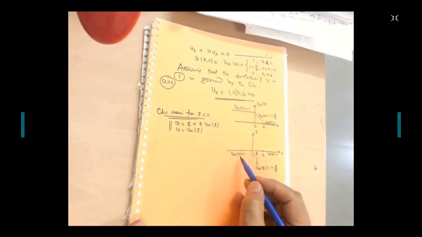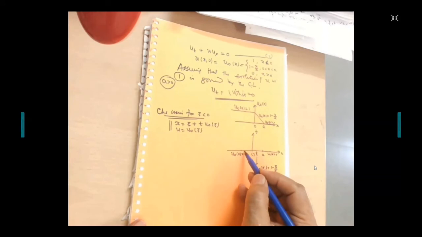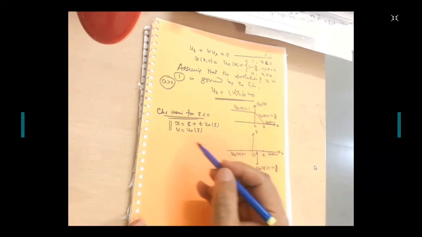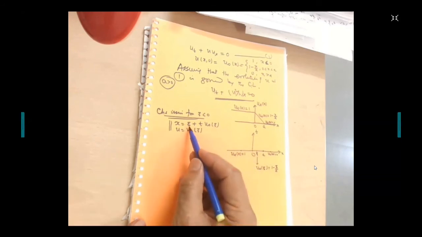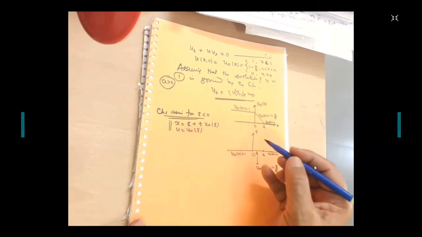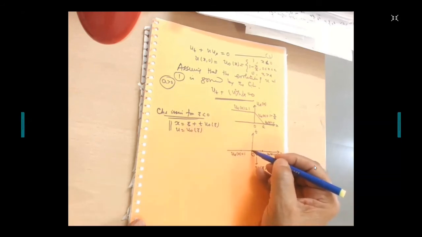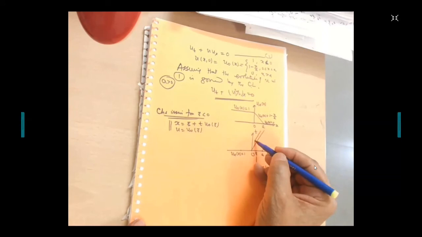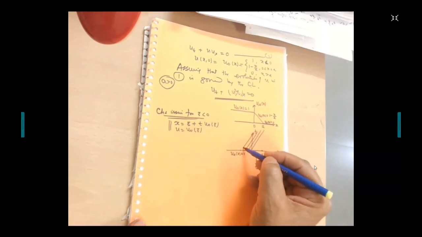So here u_0(x) is 1. If xi is any typical point, at that point u_0(xi) will be 1. So the characteristics are x equals xi plus t, and therefore here xi is equal to 0. So this is the leading characteristic of this family. These other characteristics will be parallel to this.